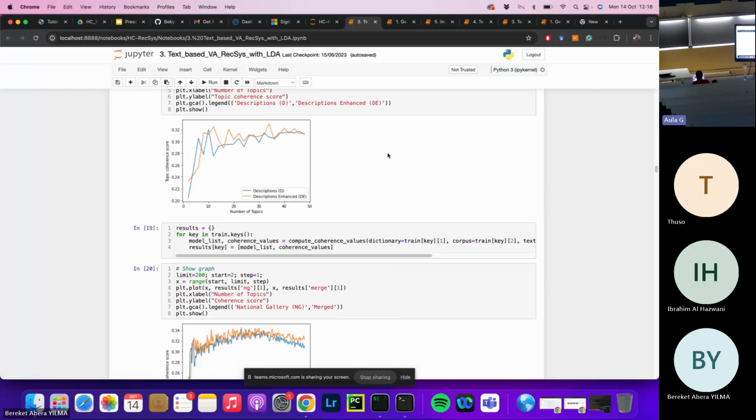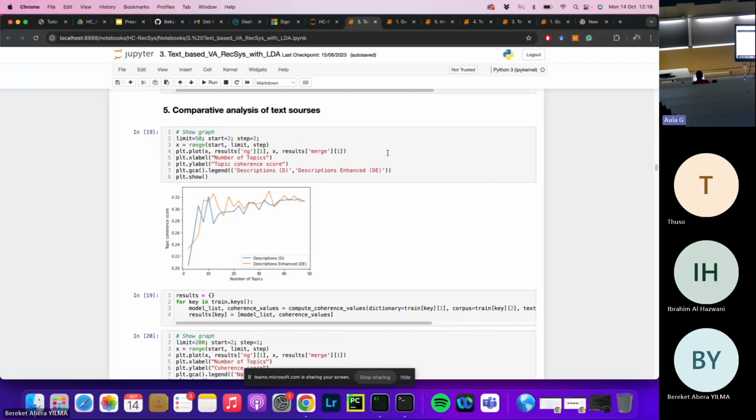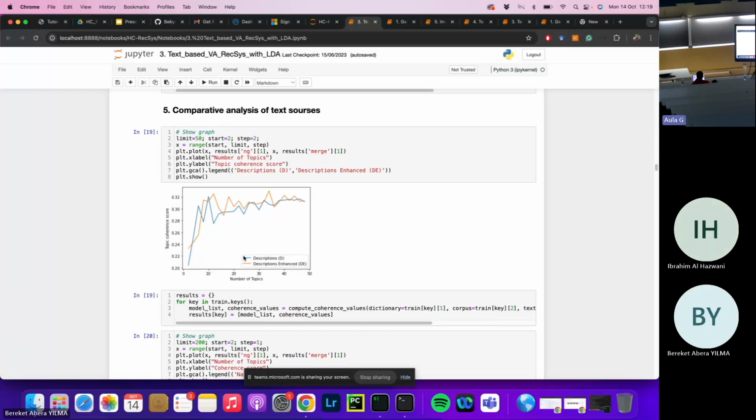There is this coherence measure that you can use to see how good the number of topics is. Using the 2 descriptions, the enriched one is a combination of textual description and metadata, and the description D, the blue one, is the description given by the curators.